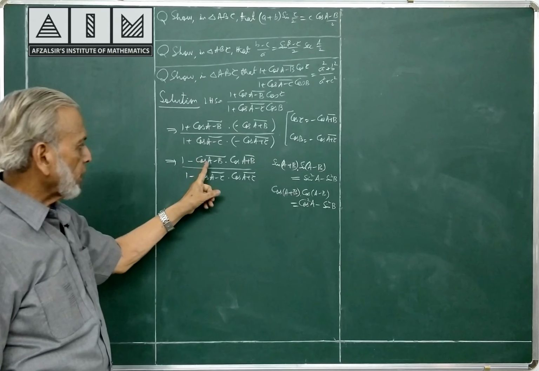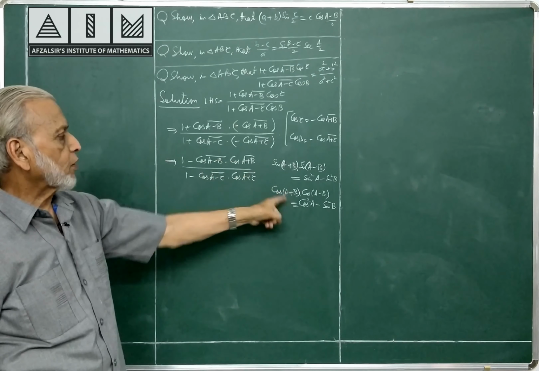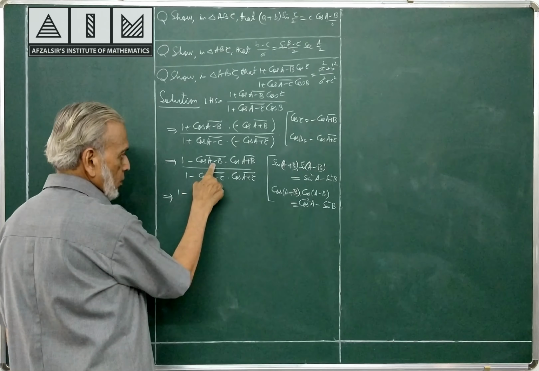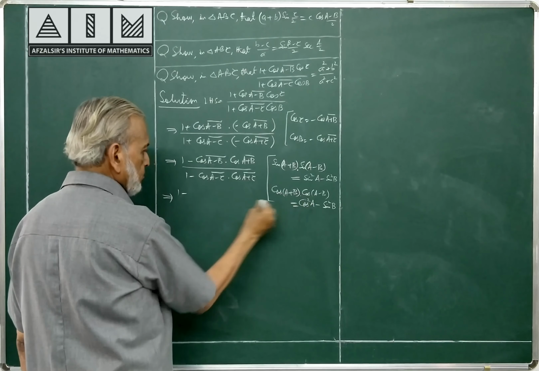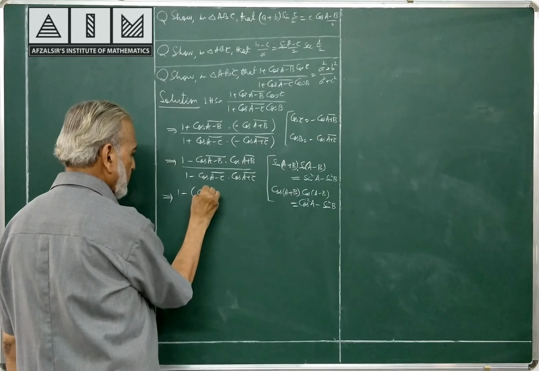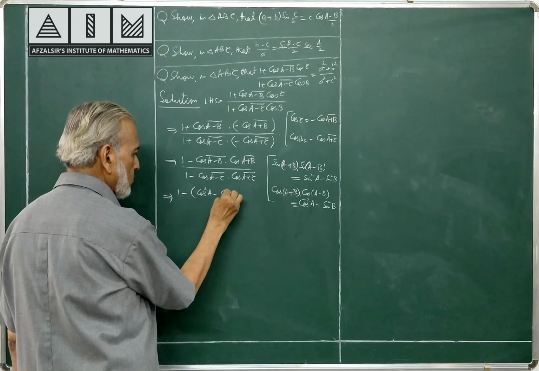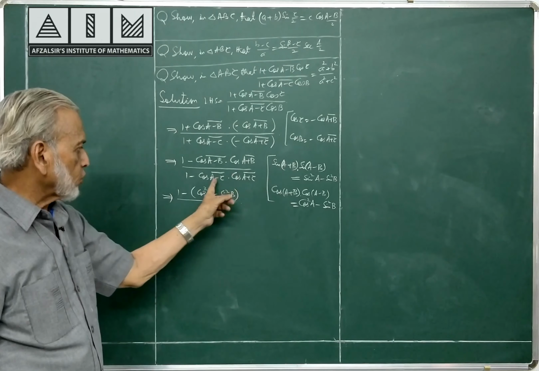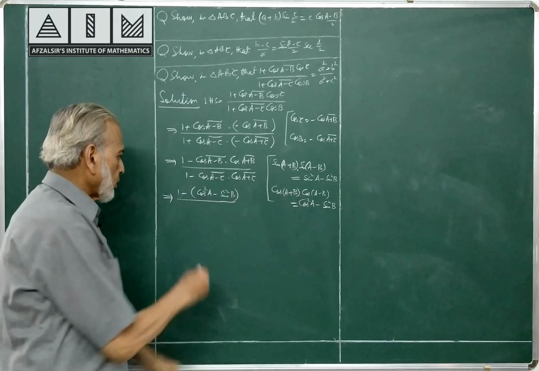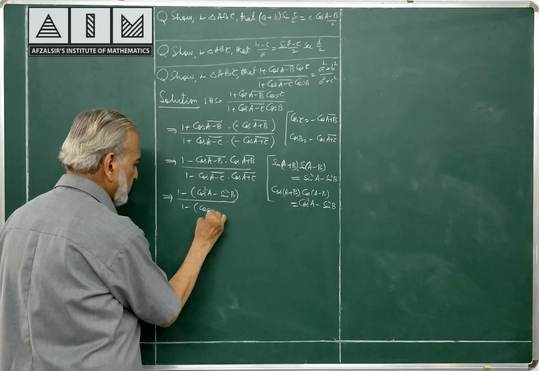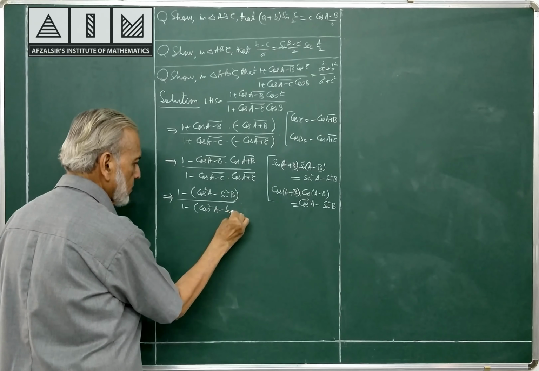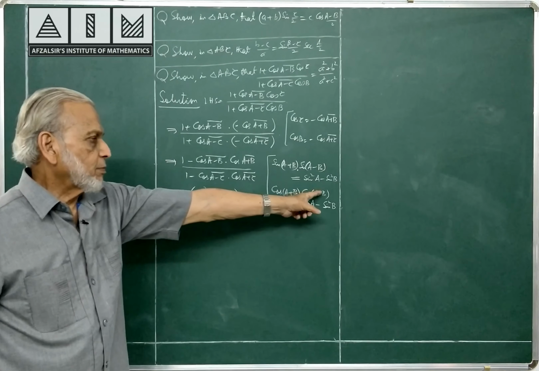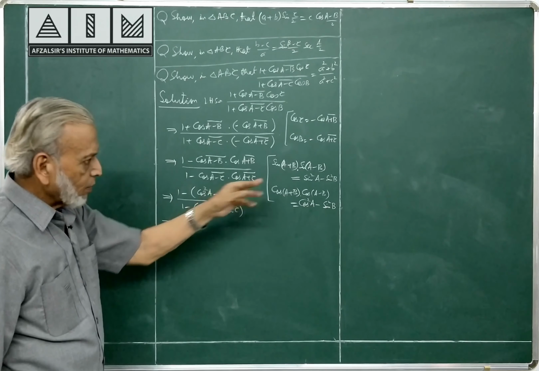This formula I am going to apply here: cos(A + B) into cos(A - B) is cos square A minus sin square B. Please see carefully now. Cos(A - B) cos(A + B), this product is cos square A minus sin square B. Similar application to this also: cos(A - C) cos(A + C), same formula, cos square A minus sin square C. This formula may be used somewhere.